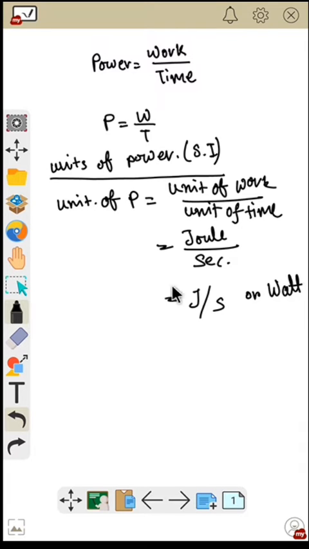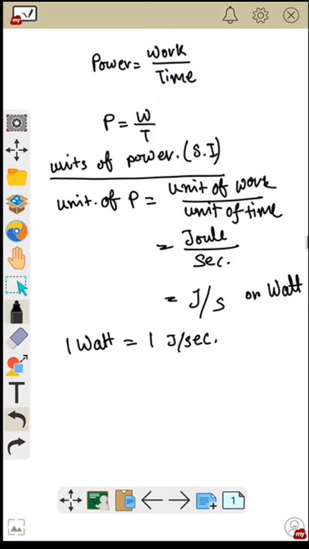Watt is also SI unit of power. So you can either say joule per second or you can say watt. So 1 watt is equals to 1 joule per second. That is the unit of power. So I hope you understand what is the unit of power.